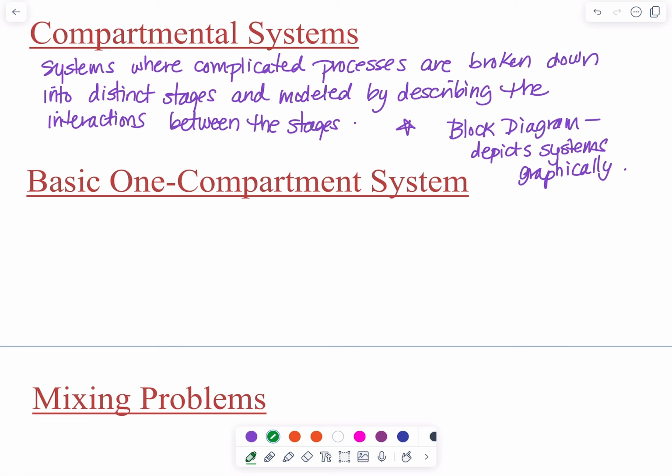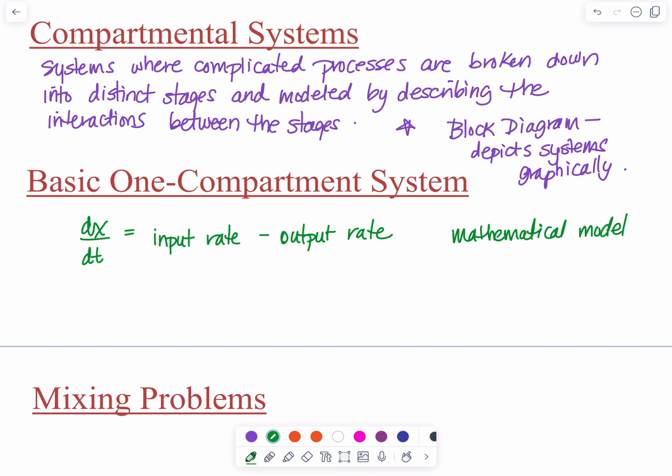So the one-compartment system is suggested with this model. dx/dt is equal to the input rate minus the output rate. And so this is the mathematical model for a basic one-compartment system.